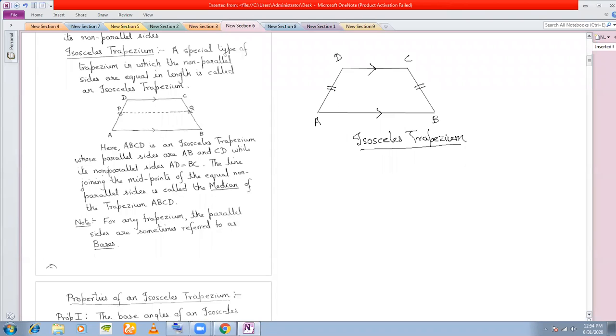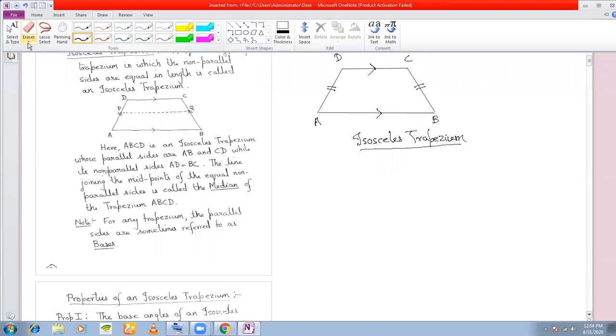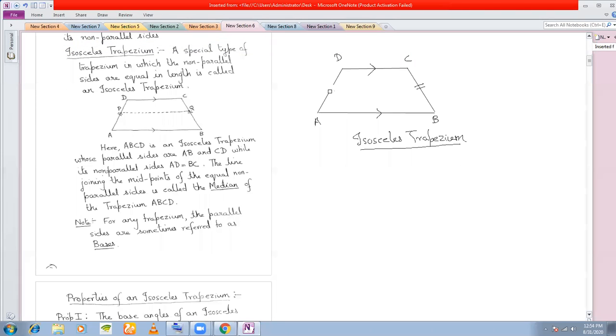If I take the midpoint of this side, a point, let me call it P, such that PD is equal to PA.